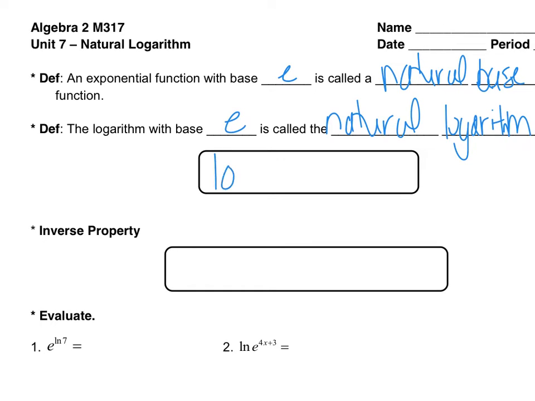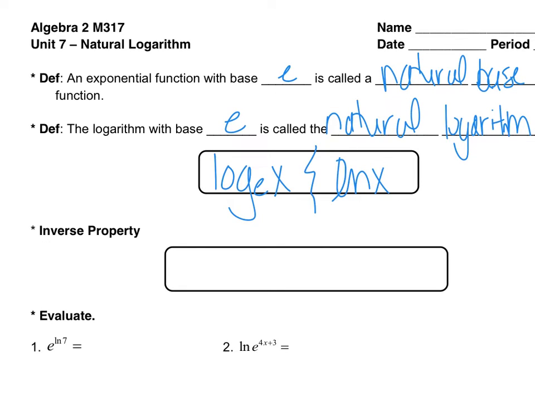So log base e of x is the same thing as ln of x. It's just a short way to write log base e instead of having to write that every time.